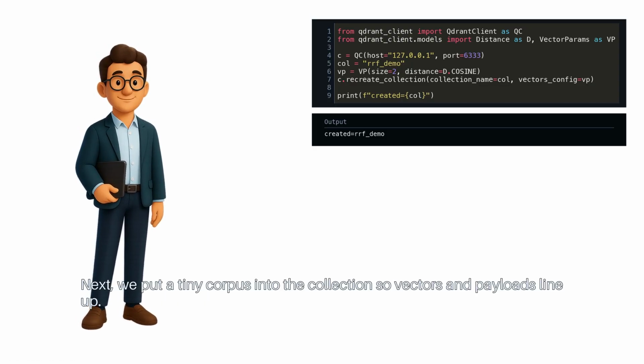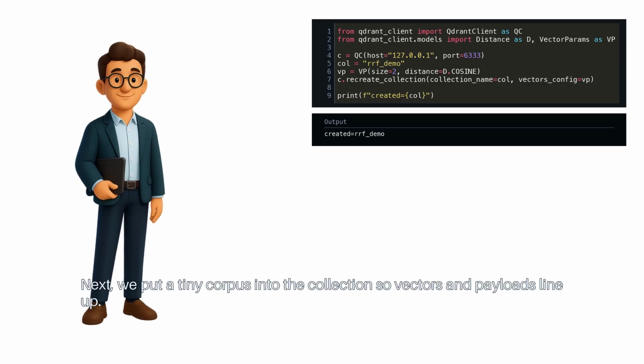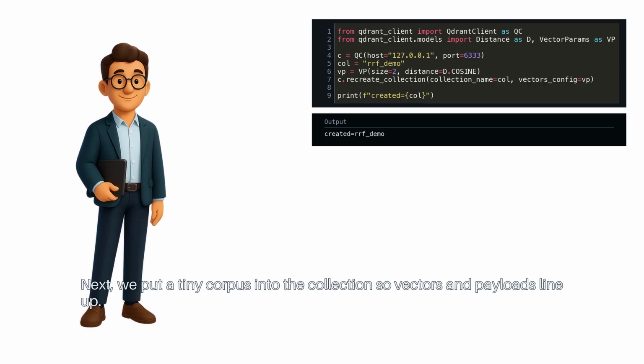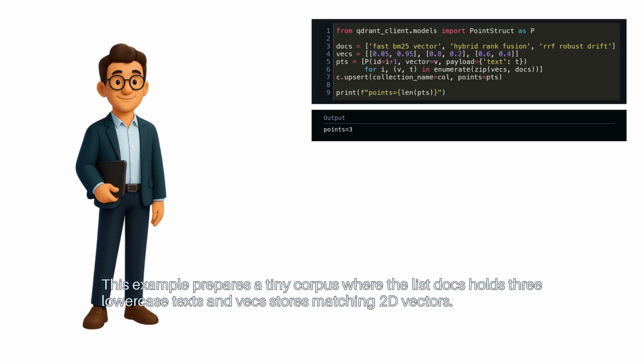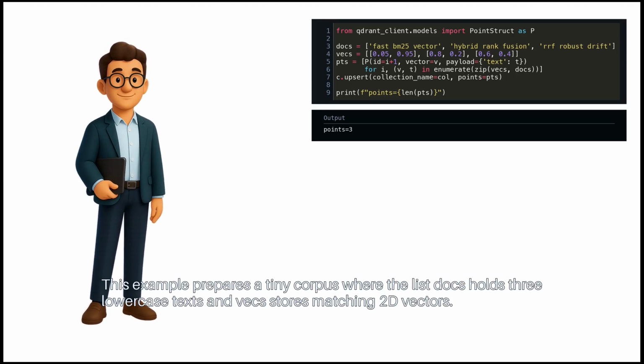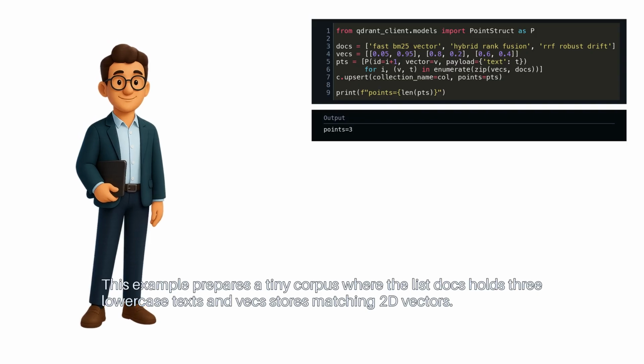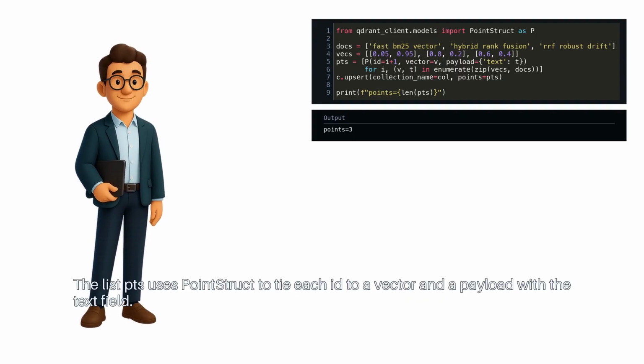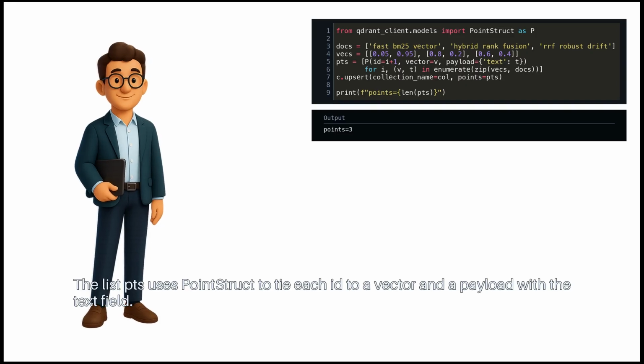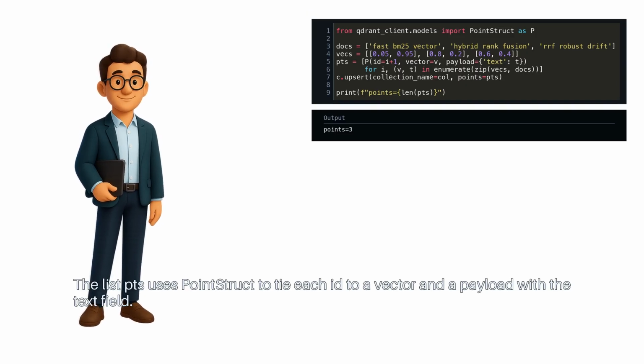Next, we put a tiny corpus into the collection so vectors and payloads line up. This example prepares a tiny corpus where the list docs holds 3 lowercase texts and vecs stores matching 2D vectors. The list pts uses PointStruct to tie each ID to a vector and a payload with the text field.